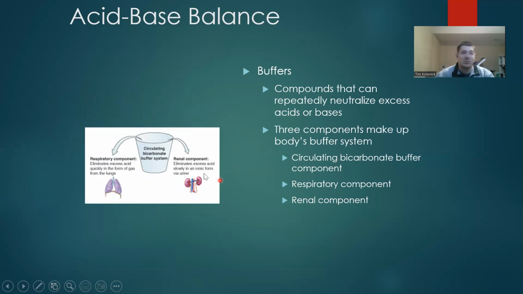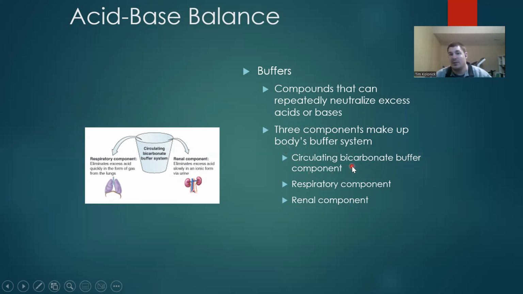And our body has a whole system of buffers that's going to maintain that, okay? Or help maintain that at a general location, right? That we want to maintain a pH level between 7.35 and 7.45. Okay? So those buffer systems will help maintain that. And that's three components. Circulating bicarbonate, right?